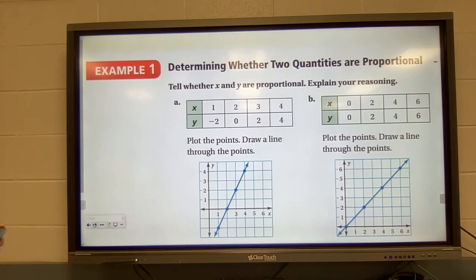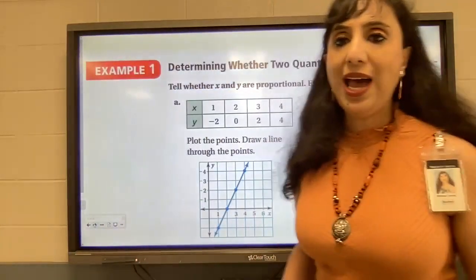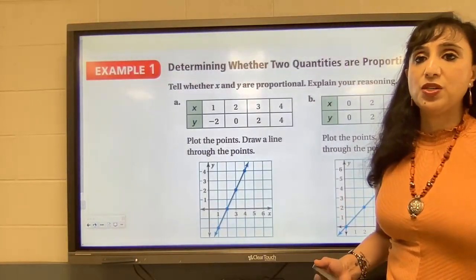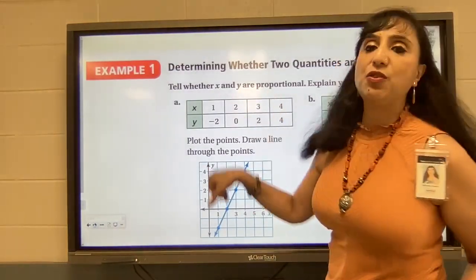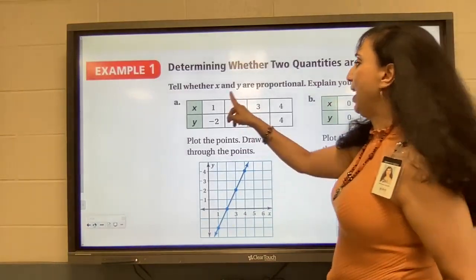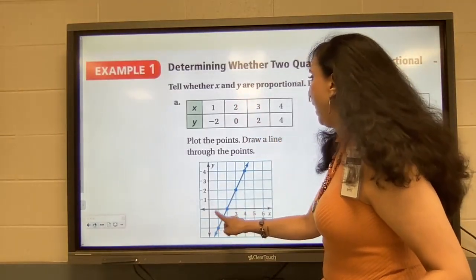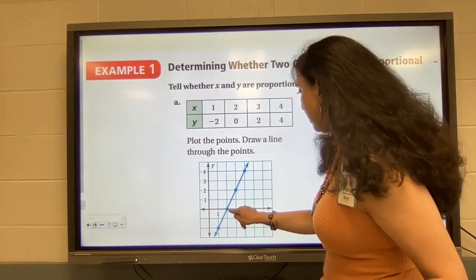If you are given a table like this, and you are asked, is there a proportional relationship between X and Y? You have to take the table and graph it. If I look at the first one, X is 1, Y is -2. X is 2, and Y is 0.